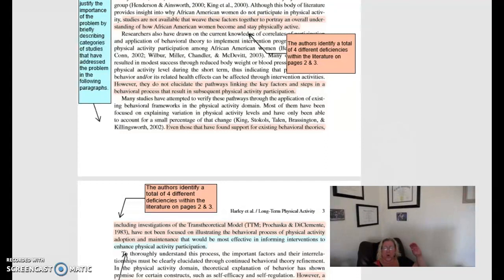So whatever words you are using in your problem statement, you must also use in your purpose statement. You must use them in your research question. You must use them in your hypothesis. You must use them in your variables. The problem is XYZ. The purpose is to study XYZ. The hypothesis is XYZ. Make sure you're using the same language.